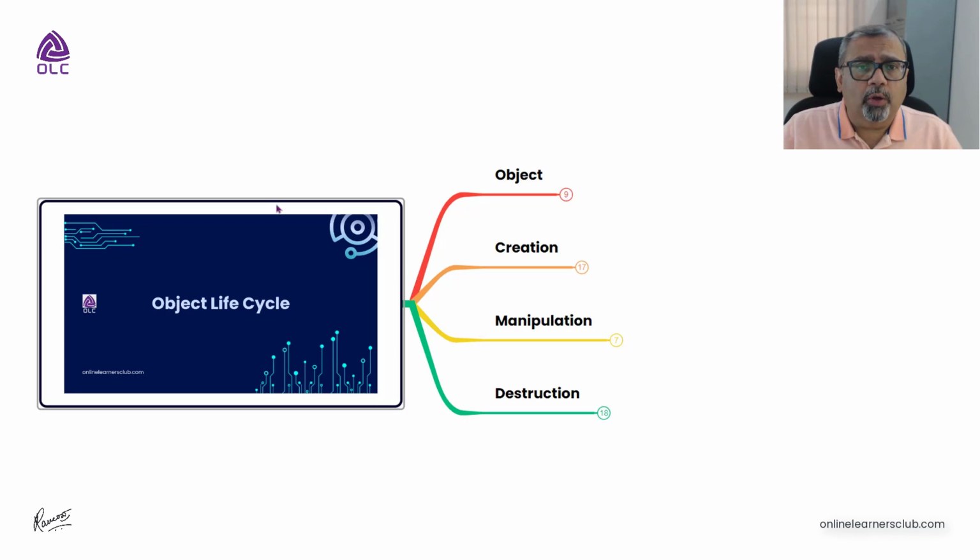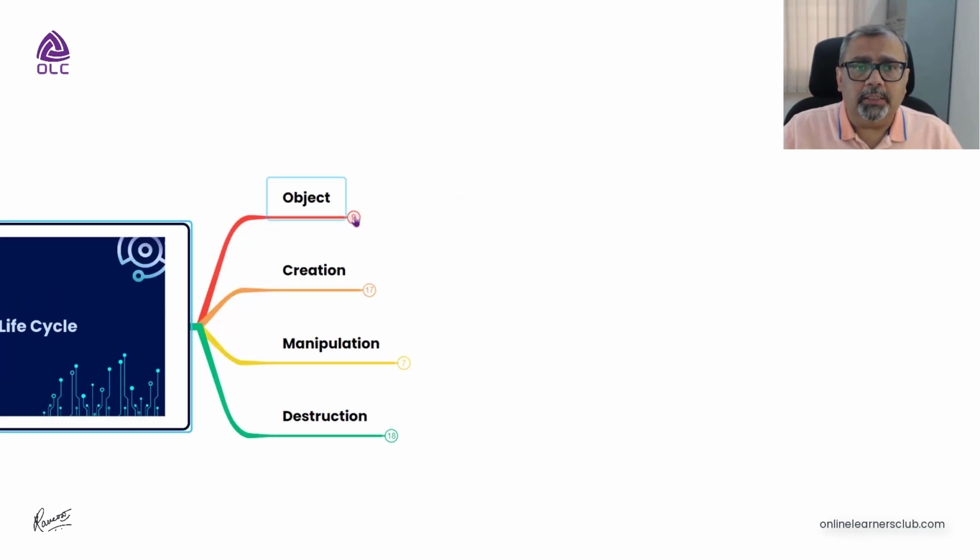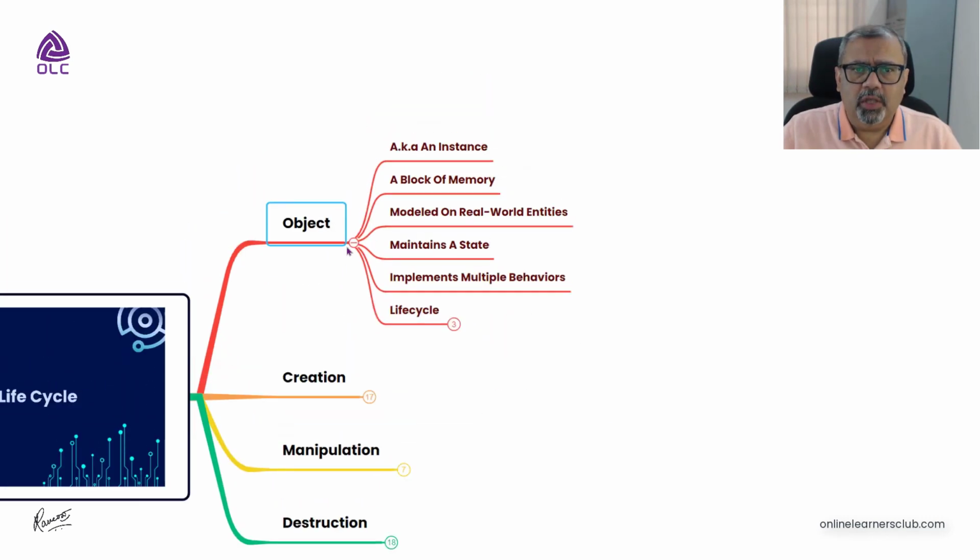So if you look at an object in general, an object is nothing but an instance of a particular class, of any class for that matter. Say for example, we have a class called Rectangle. An instance of that class is basically a rectangle instance, which is nothing but an object.